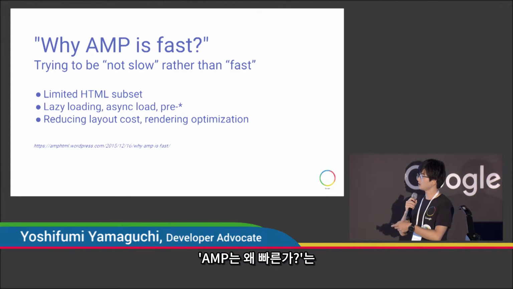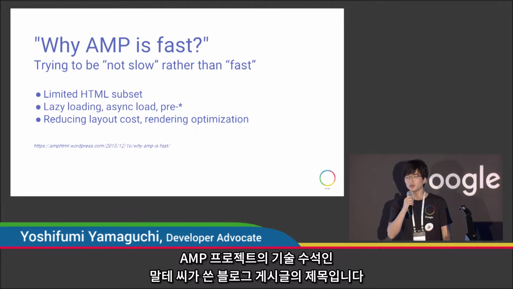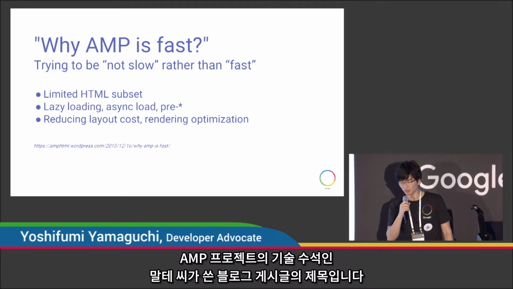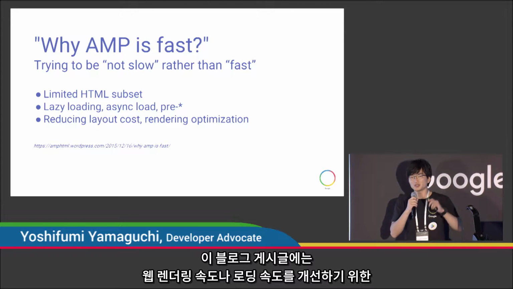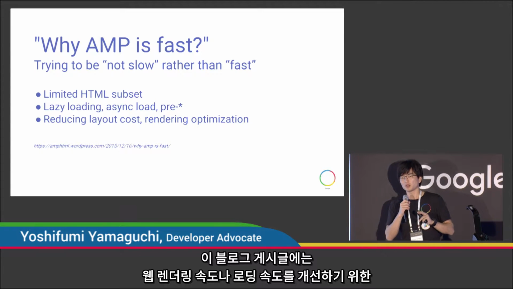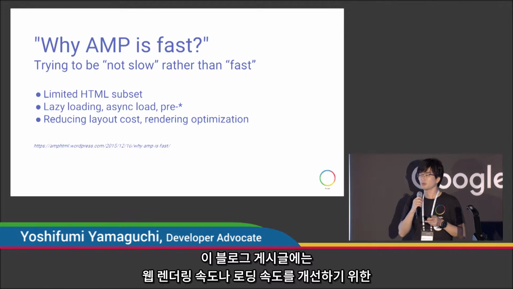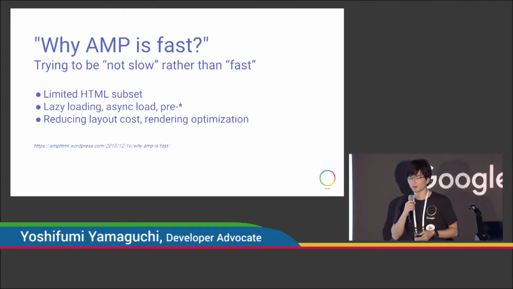So this quotation, "Why AMP is fast," is the title of the blog post written by Malte, the tech lead of the AMP project. That blog post lists 23 points to improve web rendering speed, or web loading speed.